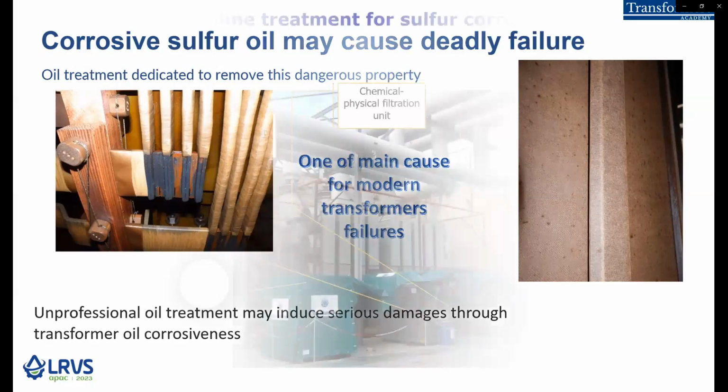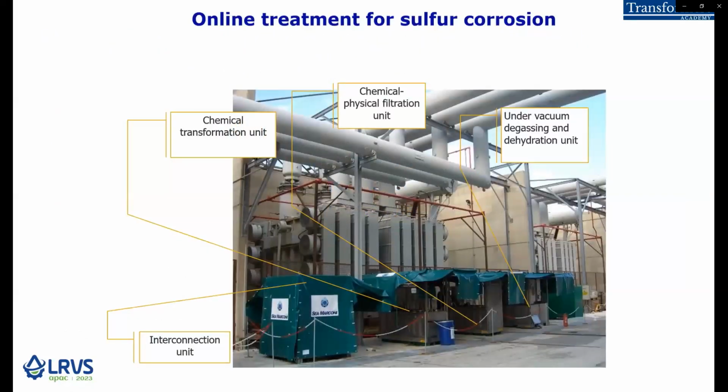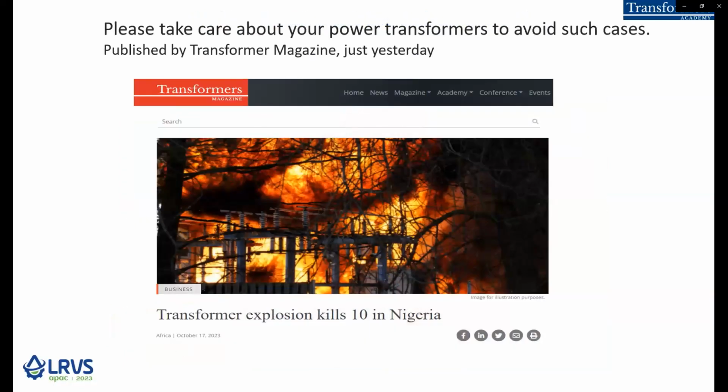Here there are two pictures of this black deposit. One of the most popular methods to treat potential sulfur corrosion is to passivate the oil with a passivator. Although this method is very cheap, it needs to be monitored and treated. Another method is to treat the oil. Replacing the oil is not always the case for a transformer. So please take care of your transformers.